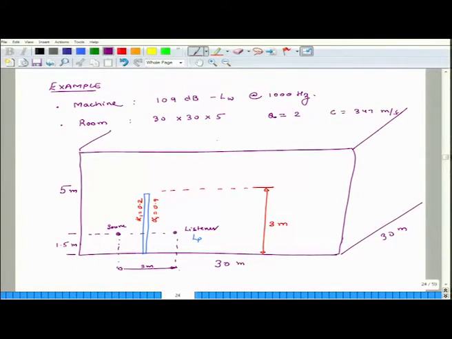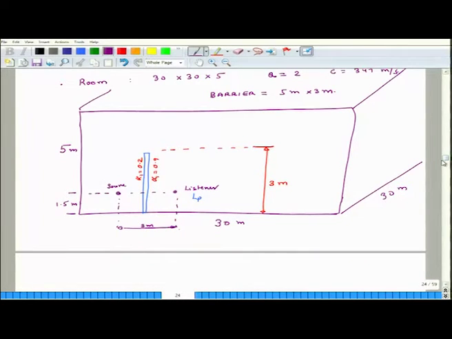Finally, the dimensions of the barrier. So, this barrier is 3 meters tall and the size is 5 meters by 3 meters. So, it is 5 meters in the depth direction normal to the plane of your television screen or laptop, and it is 3 meters tall.